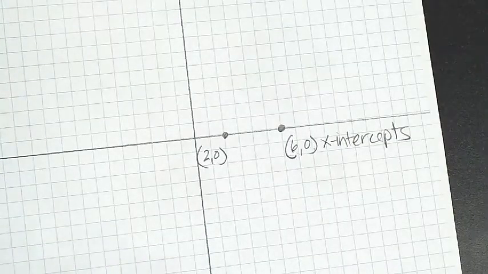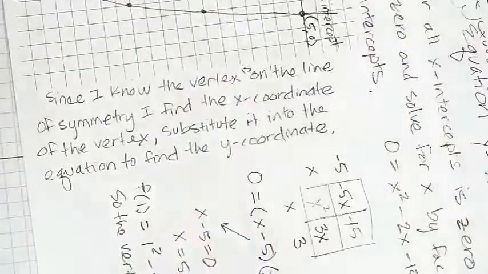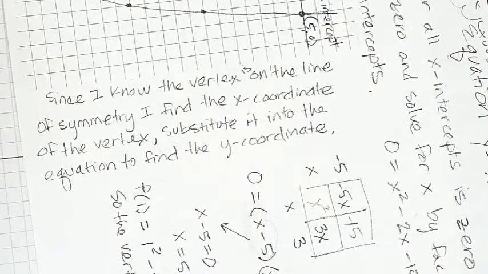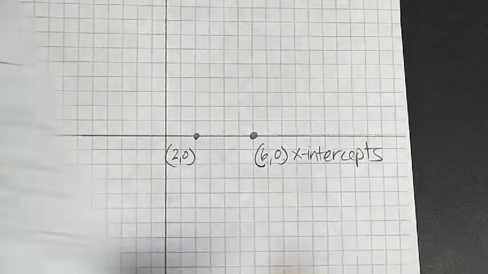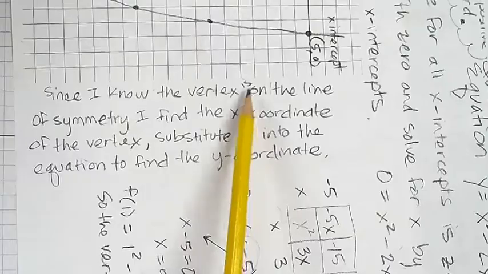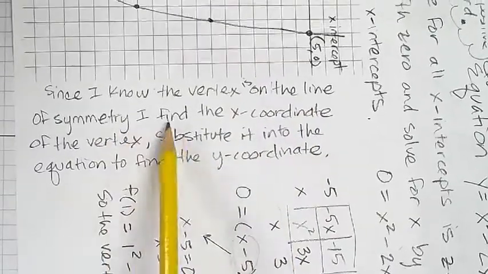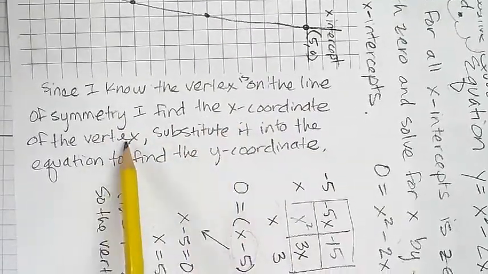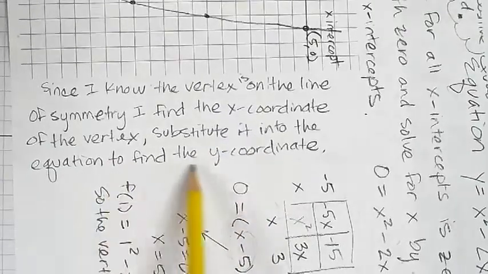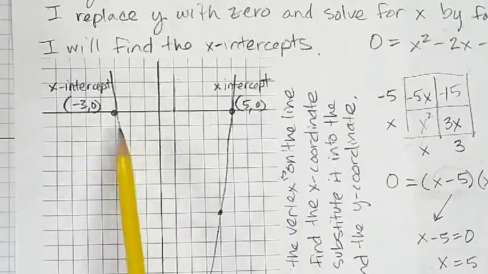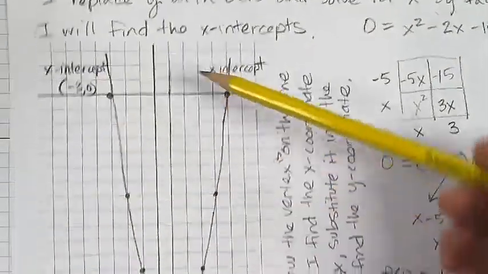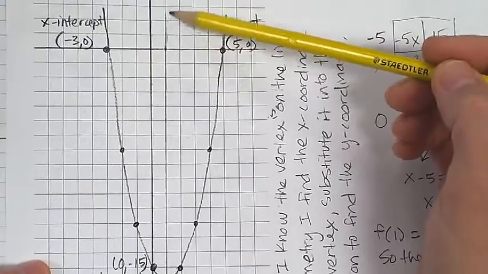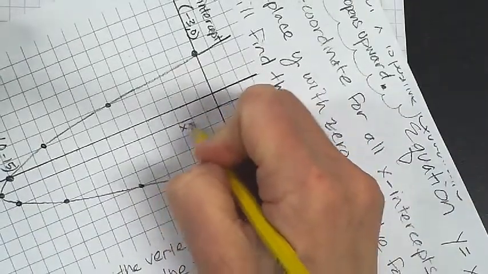Okay, and then look at the second sentence. Since I know the vertex is on the line of symmetry, I find the x-coordinate of the vertex, substitute it into the equation to find the y-coordinate. So for example, here, my x-intercepts were negative 3 and positive 5, so I knew that my line of symmetry was going to be along this line, which is the line x equals 1.